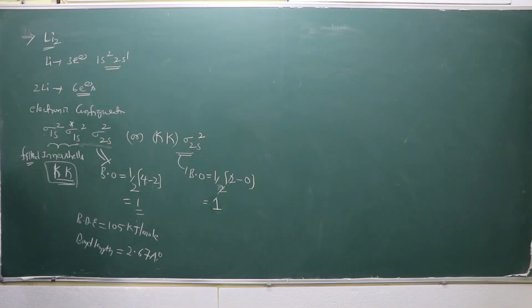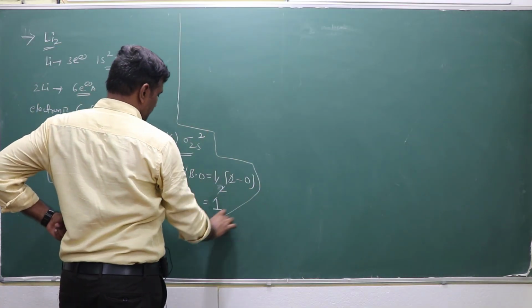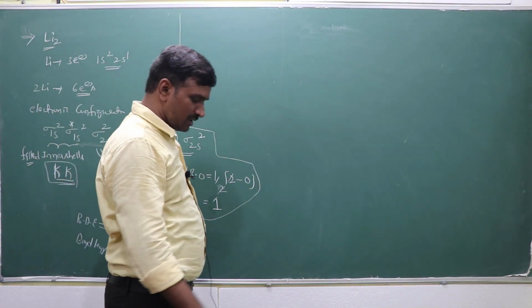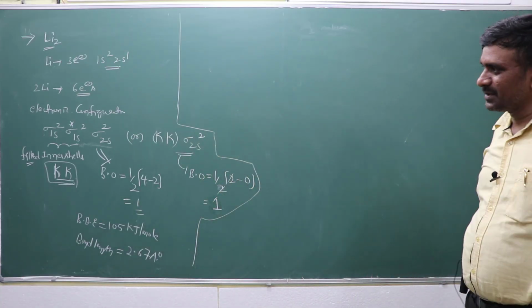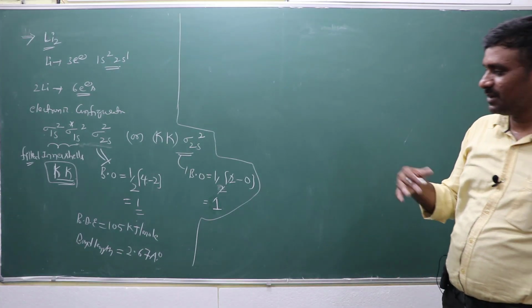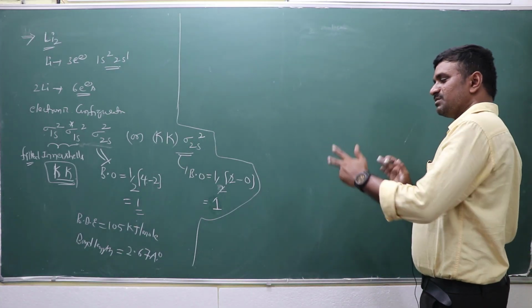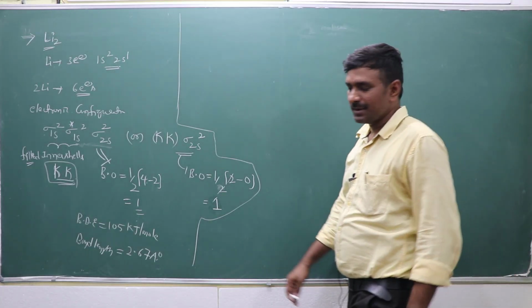This is for the lithium 2 molecule. The values of bond length and bond dissociation energy are not necessary, but sometimes a comparison takes place. Between two molecules, the one with more bond dissociation energy is more stable.